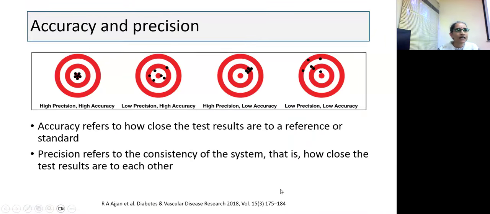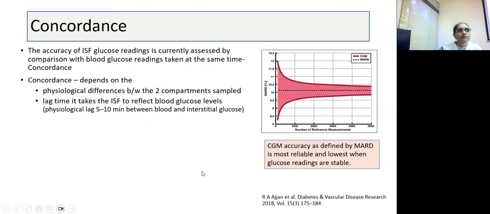Whenever we look at any technology to assess glucose measurements, we are concerned both about accuracy as well as precision. When the same measurement is done multiple times, how likely are we to get the same or a similar reading? Accuracy refers to how close the test results are to our reference standard, while precision refers to the consistency of the measurements.